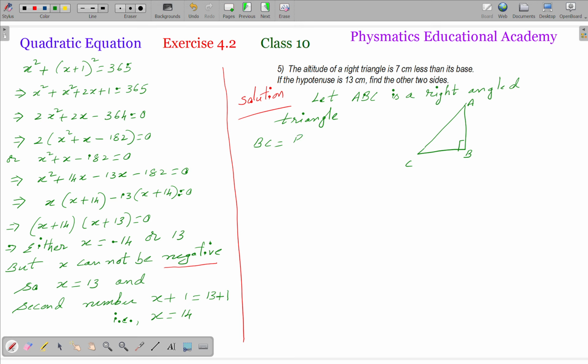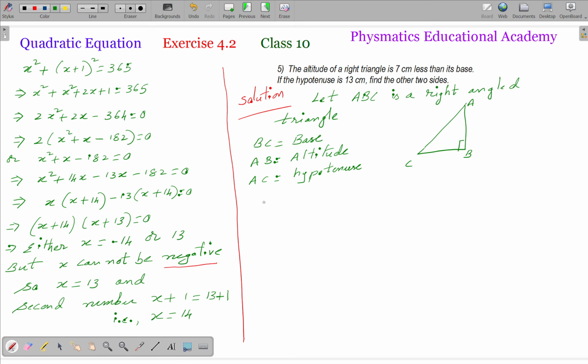BC is equal to the base, AB is equal to the altitude, and AC is equal to the hypotenuse.